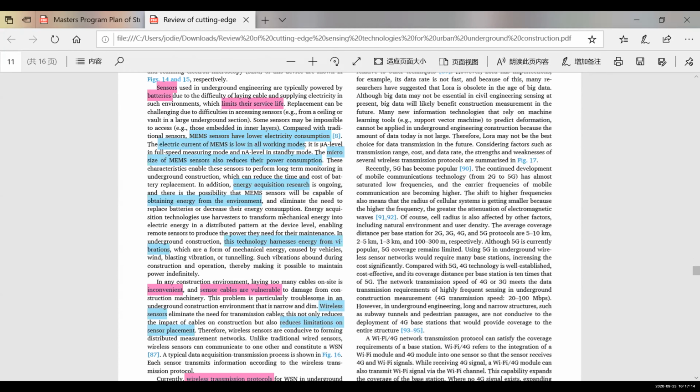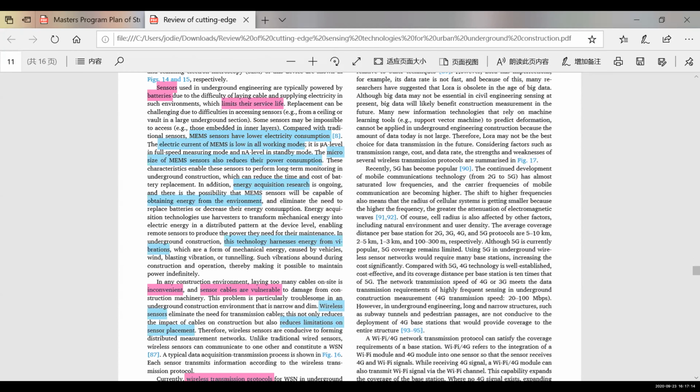And with ongoing energy acquisition research, the MEMS sensor will be capable of obtaining energy from the environment in the future. It could use the vibration in the environment to generate energy.